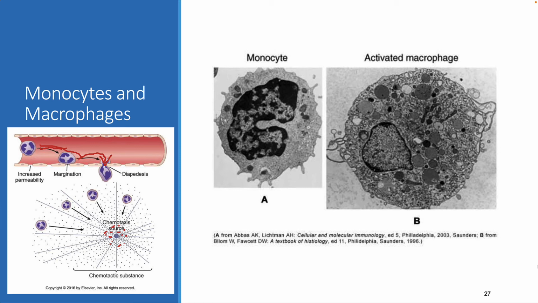It attracts these macrophages, and they go there and begin the process of phagocytosis. Notice that monocytes are littler before they become activated macrophages. And when they become activated macrophages, they then become street fighters, and they have a much richer contribution to the inflammatory system than the monocyte does.